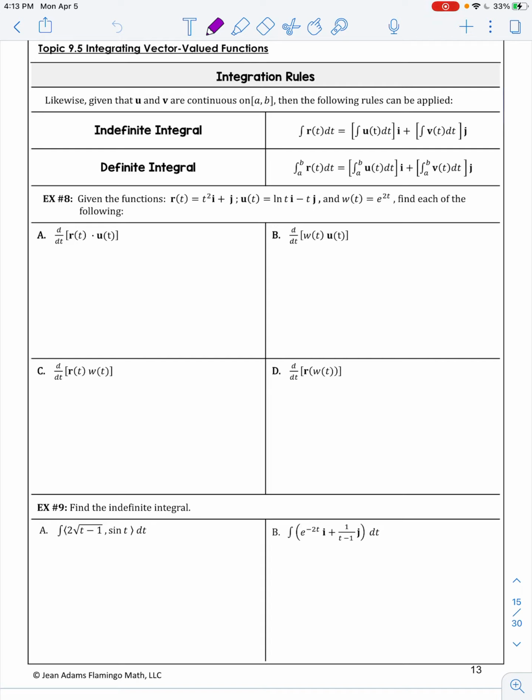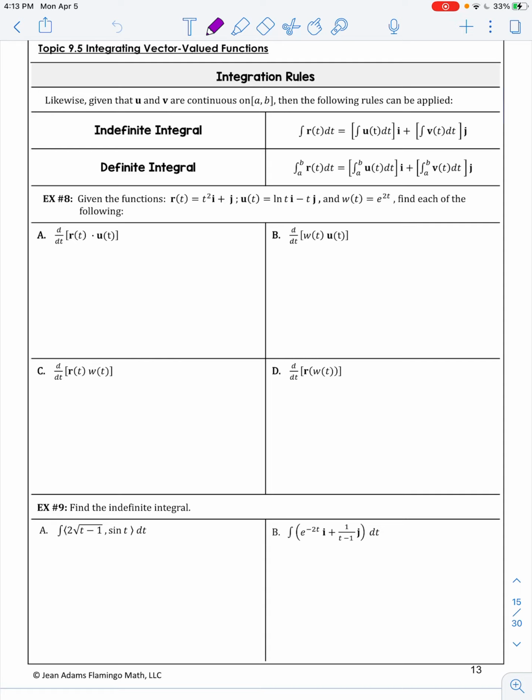And the definite integral from a to b of r of t dt is equivalent to the integral from a to b of u of t dt times i plus the integral from a to b of v of t dt times j.